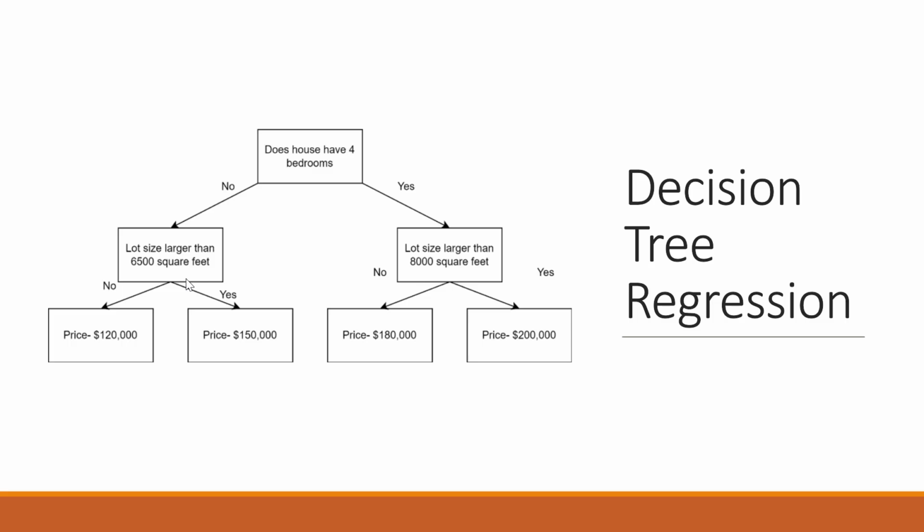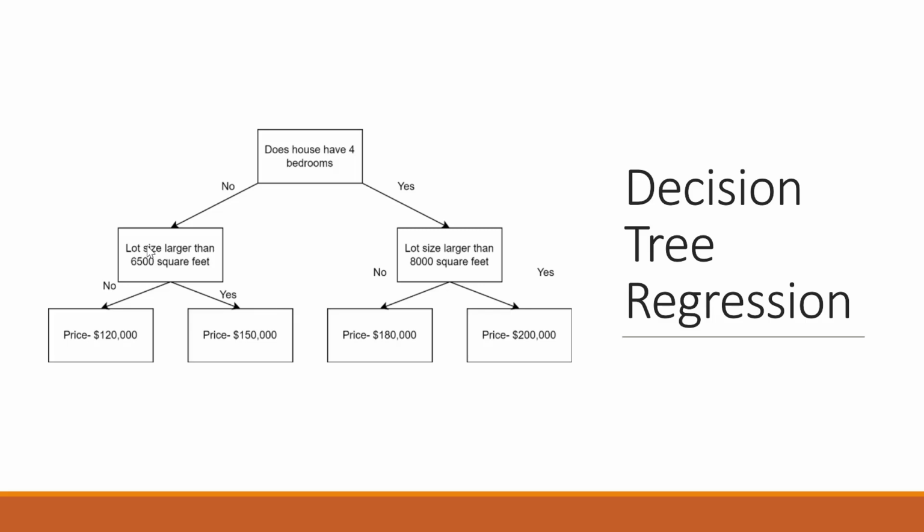If the house has 4 bedrooms, then it will move to the next node which checks if the lot size is larger than 8,000 square feet, and if the house does not have 4 bedrooms, then it will move to the other node which checks if the lot size is greater than 6,500 square feet, and based upon this the model will predict the price of the house.